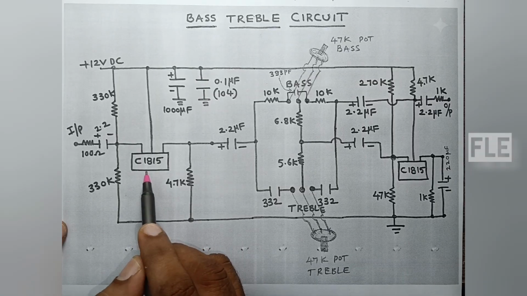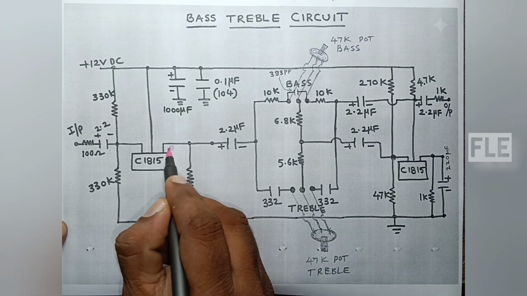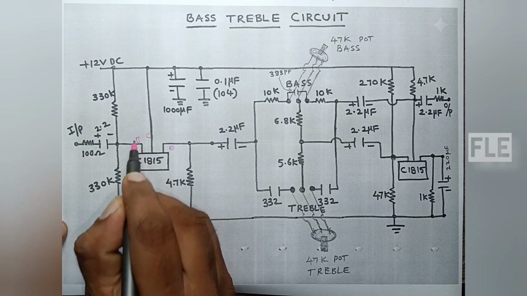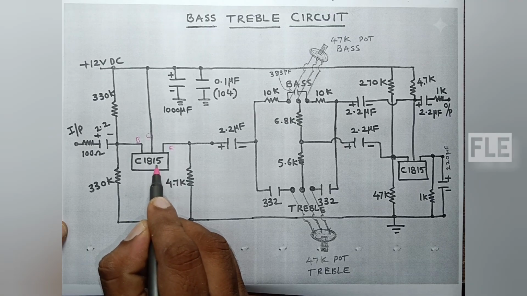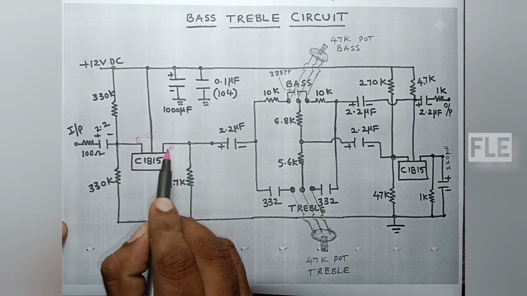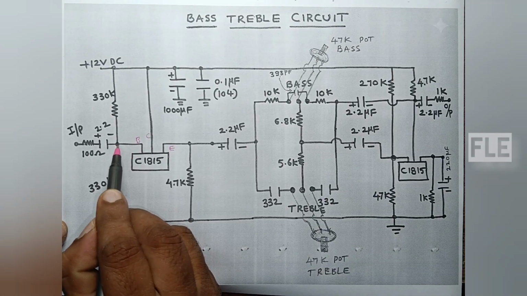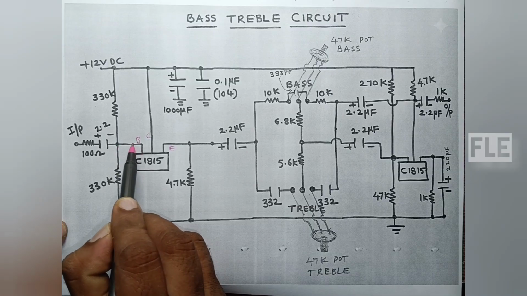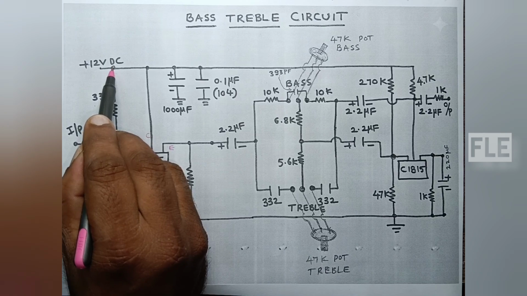C1815 transistor is an NPN transistor with emitter, collector and base terminals. The base terminal is connected to plus 12 volts DC using a 330K resistor.